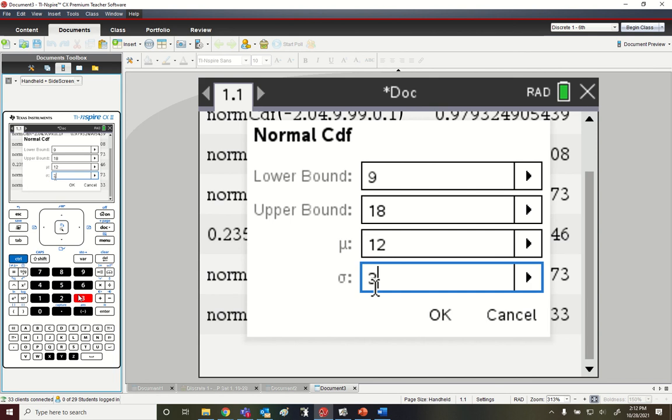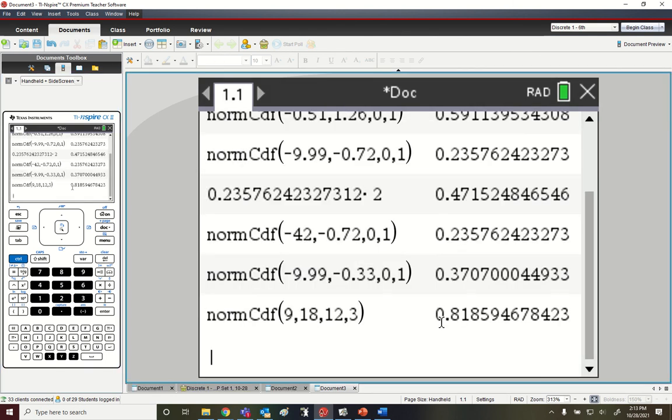Does that make sense? Any questions before I hit enter here? Good. Alrighty, let's go ahead and hit enter. So the percentage I come up with is, let's see, 0.8186.